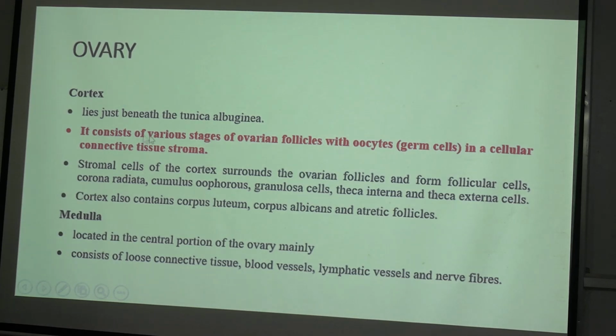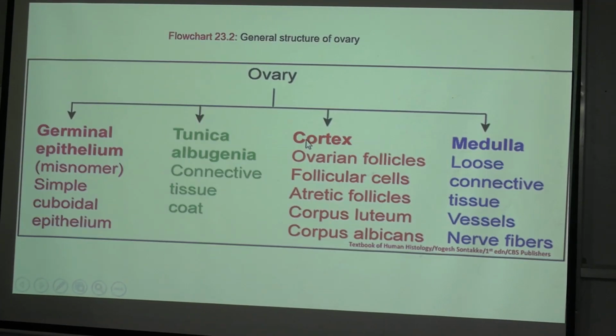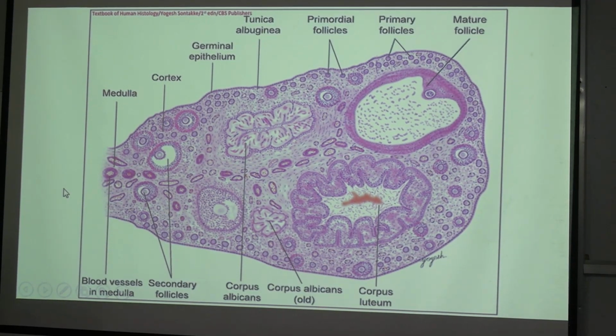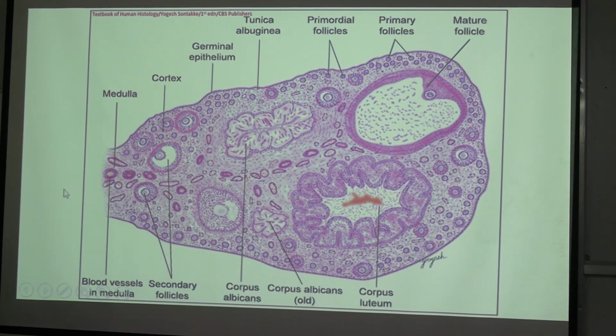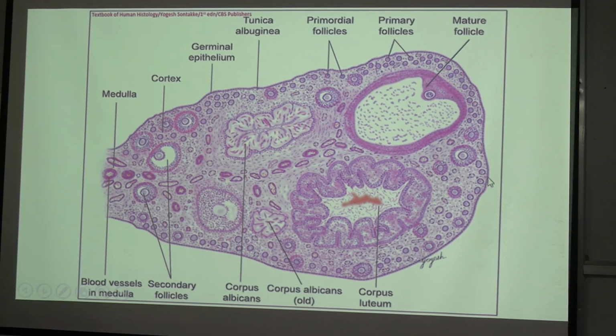We have to understand what we mean by the different stages of ovarian follicles. If you see this schematic picture, this is a flat, spread-out picture of the ovary. This part we call the surrounding epithelium, the germinal epithelium. It is a single, simple layer of flat cuboidal cells covering the ovary.